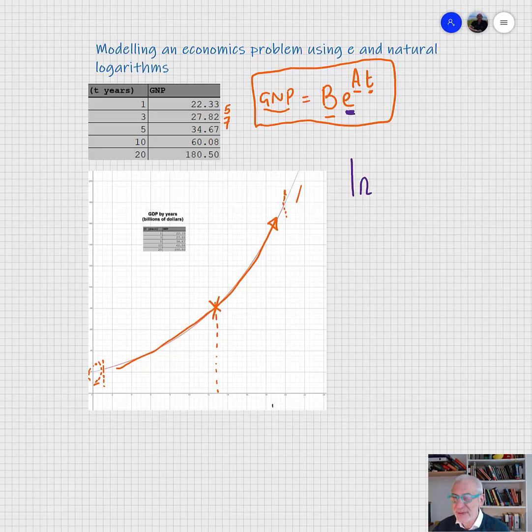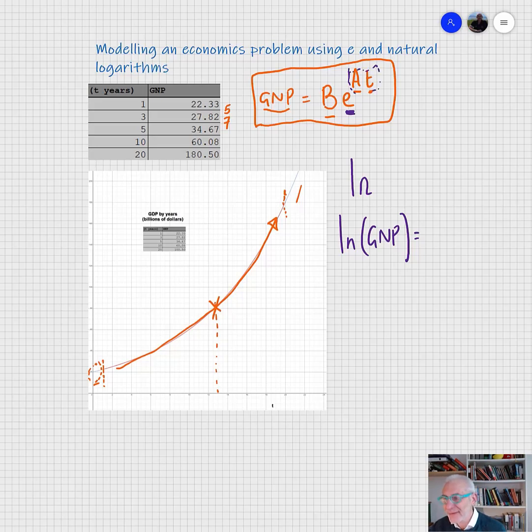So I'm going to take logarithms of both sides. So I'm going to go ln of the GNP on one side, whatever that happens to be. It's going to be equal to, well, remember that if you take the logarithm, we're looking for what is up here. What is the power function piece up here?